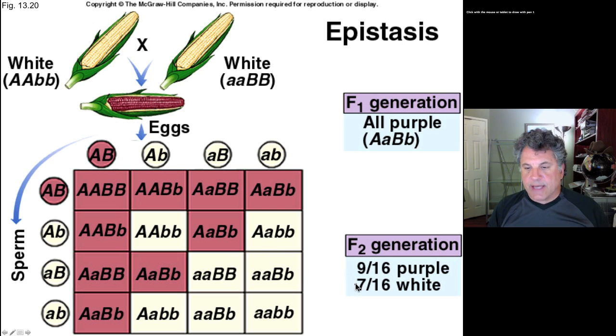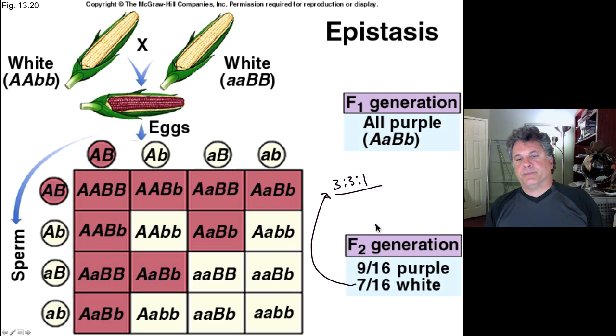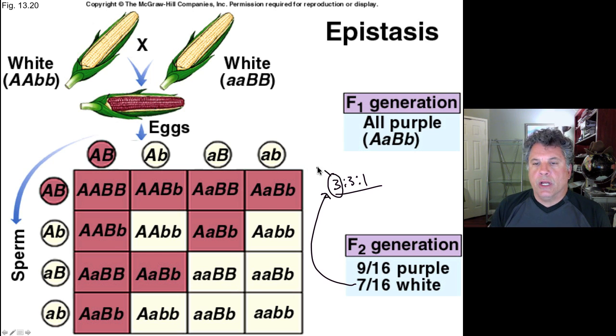You can look at these 7/16 as kind of a breakout into a 3:3:1 situation, because remembering back to a regular dihybrid cross, 3/16 had a dominant phenotype for one of the characters we were looking at and a recessive phenotype for the other.